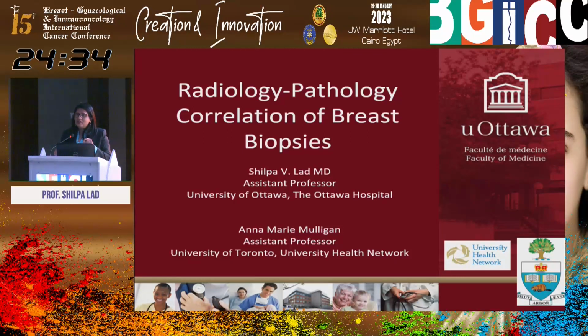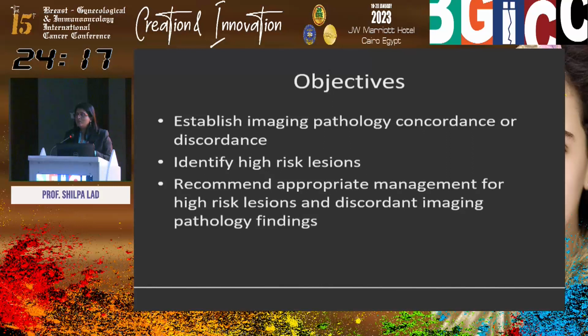Now, this lecture may almost seem like a repeat, but this was created a few years ago as a collaboration between University of Ottawa and University of Toronto with radiology and pathology. Dr. Anna Marie Mulligan, who is the assistant professor at the University of Toronto, provided pathology lectures, slides here, and all the inputs related to it.